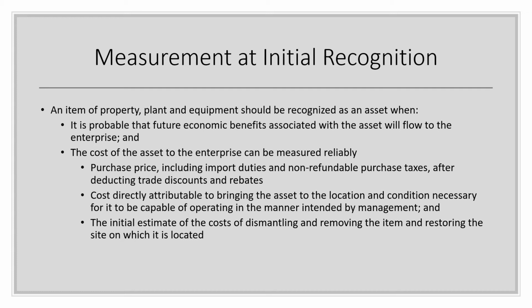First, it should be probable, meaning there is a high certainty that there will be future economic benefits, in terms of profits or cash flow. For example, if you use the asset, it will help you produce inventory or agricultural produce associated with the asset that will flow to the enterprise.